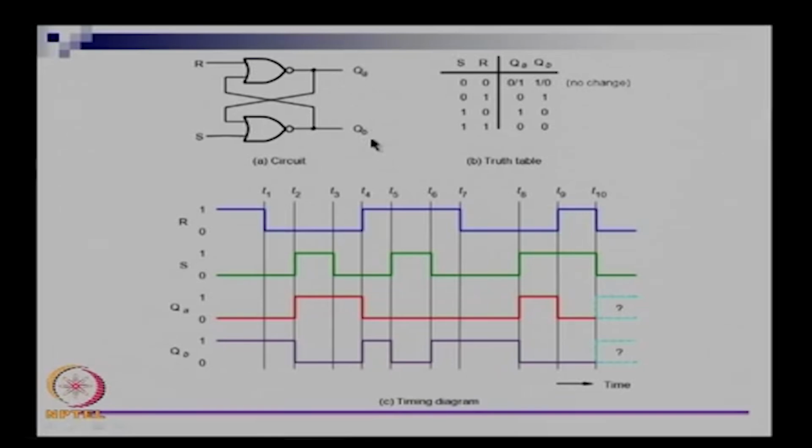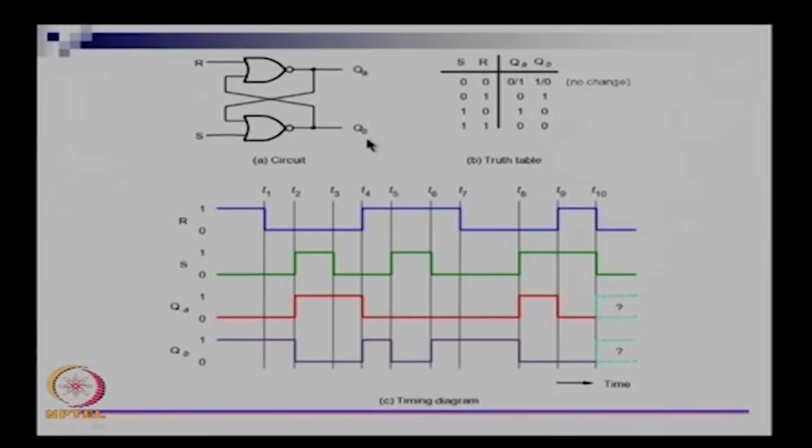Instead of Q and Q bar, I am going to assume that these are two different signals, QA and QB, and as of now we do not know the relationship between QA and QB. Let us assume that there are two inputs R and S. What we see here on the right side is a table which describes what is going to happen because of the circuit. So let us start with the case where both S and R are 0.